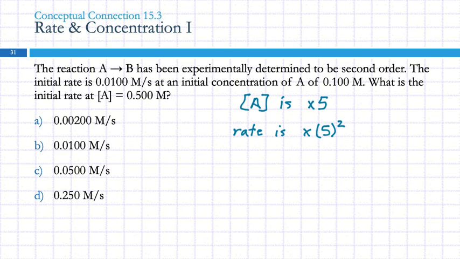Okay? So 5 squared is 25. So 0.01 times 25. And even if our mental calculator isn't on, this is the only reasonable choice because it's the only one that has 2.5 anywhere in it. Any questions?